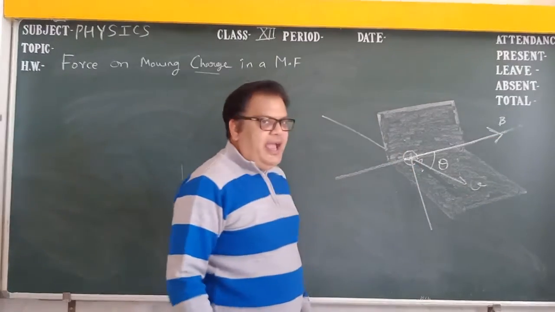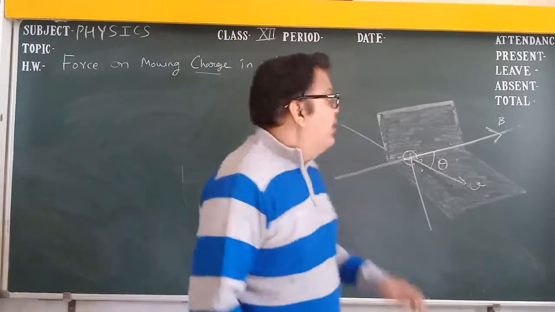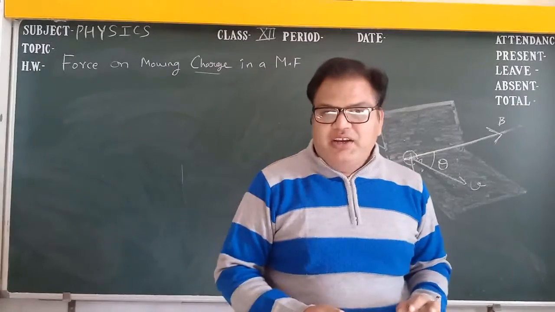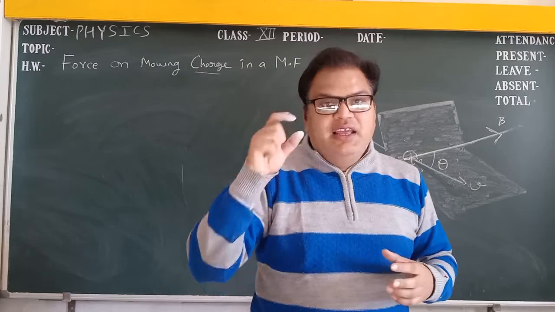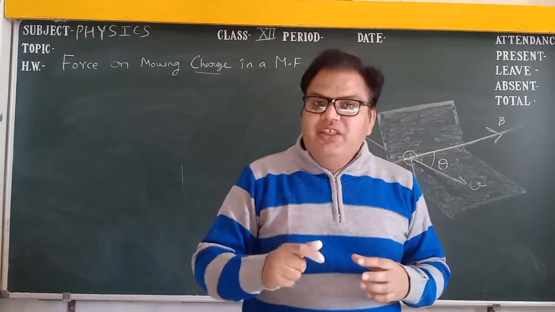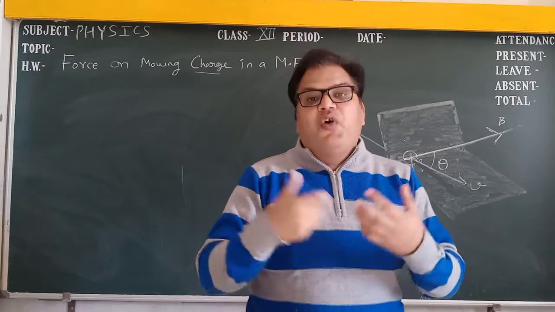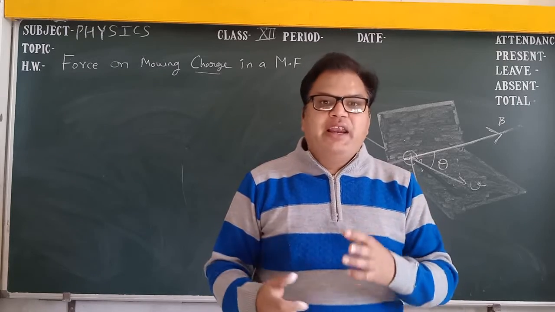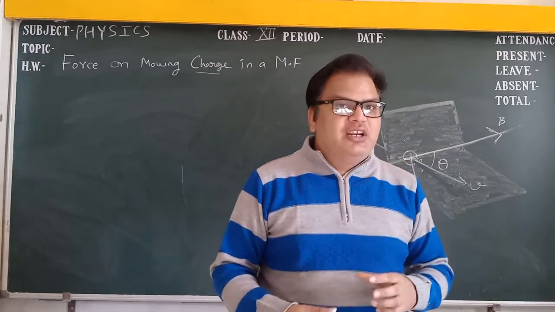We are taking a moving charge. It means a charged particle is in motion in the magnetic field. Then what will happen? First we have to find the force when the charged particle is in motion.